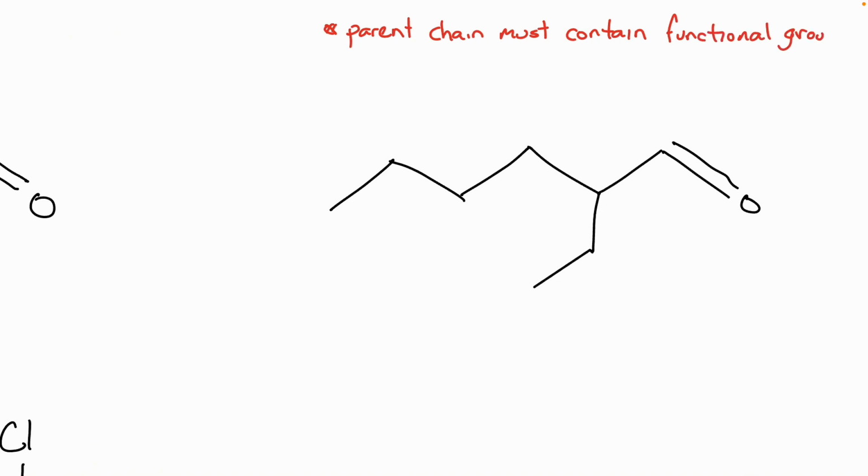So yes, we're looking for the longest continuous set of carbons, and you may be tempted to say that it's these here, but that doesn't include that aldehyde functional group, right? So we want the longest continuous set that includes that functional group. Okay, so that makes this 2-carbon branch point right here an ethyl group.